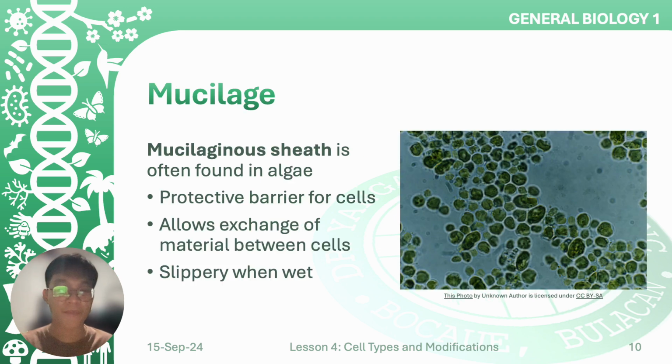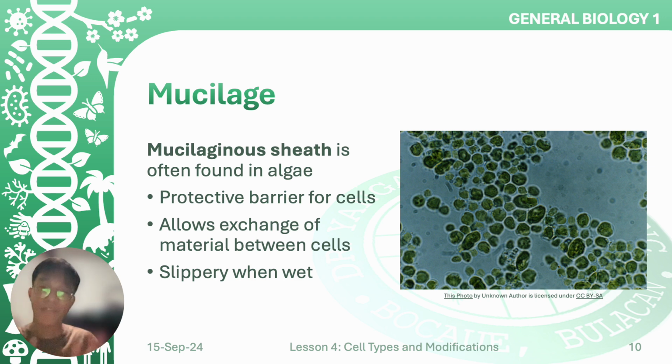And for some unicellular organisms, we have the mucilage, or what we know as the mucilaginous sheath. This is often found in algae. Take note that algae are not plants. So they're plant-like eukaryotes, but they are technically not plants because of their evolutionary traits.